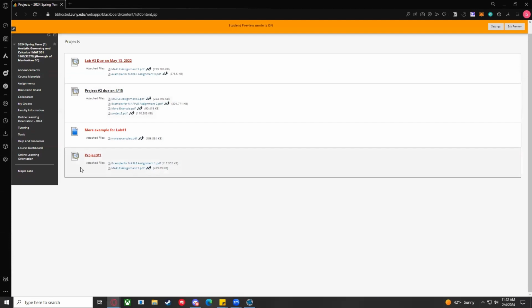So I'm going to attach it right here to project 1. So you'll likely see a Maple assignment PDF, example for Maple assignment 1 PDF, and then there's going to be a third file here that's just going to say Maple 1 sample, and it's going to be a Maple file, so ending in MW. And you'll be able to open it and look over all the commands that I ran today. If you want, you can copy any of them, rerun them, whatever you want to do with it. You can play with that sheet as much as you like, because it will be your own saved copy of it.